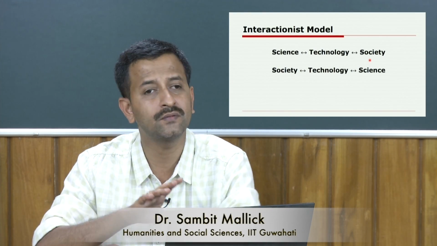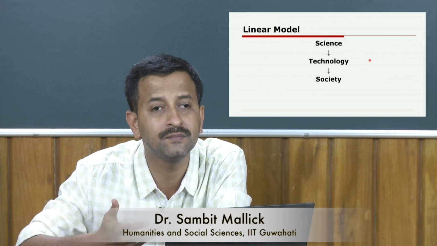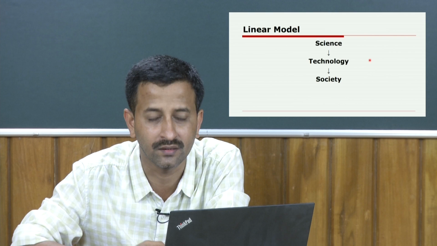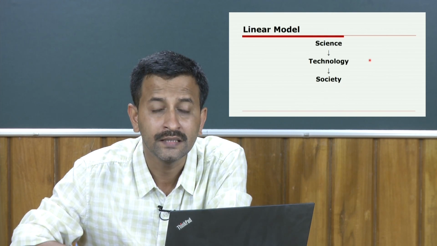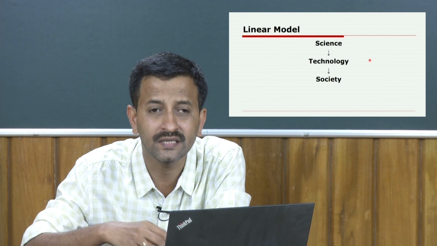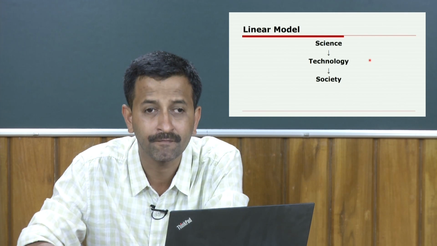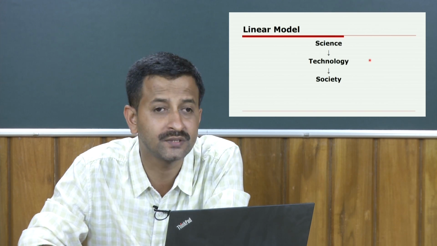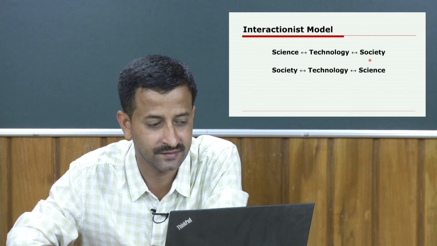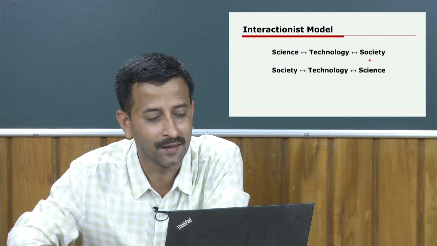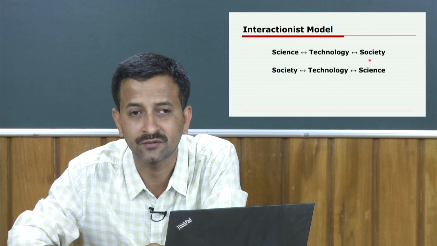One can easily observe that the linear model, also known as the hierarchical model of the relationship between science, technology and society, suggests that there is a one way interaction between science, technology and society, whereas the interactionist model suggests there is a two way relationship between them.